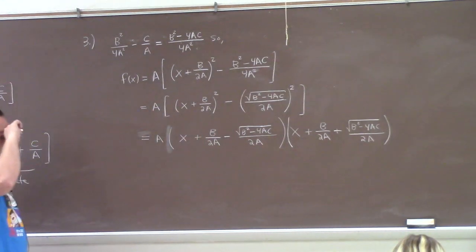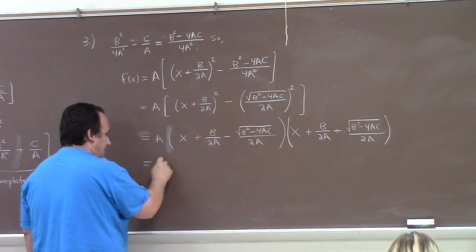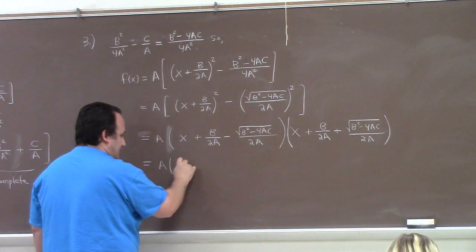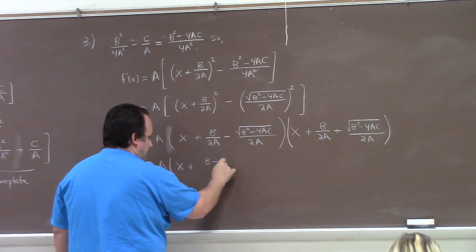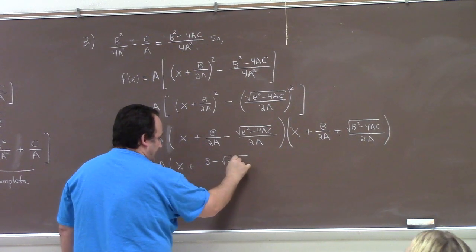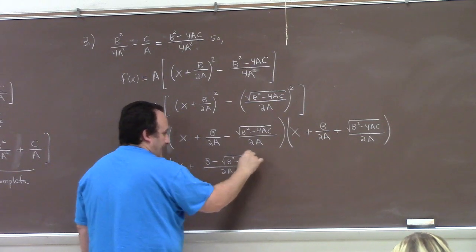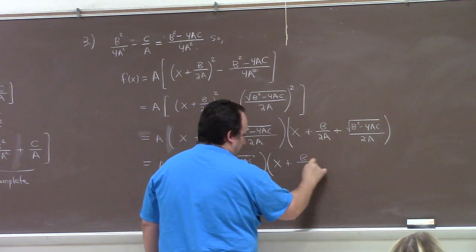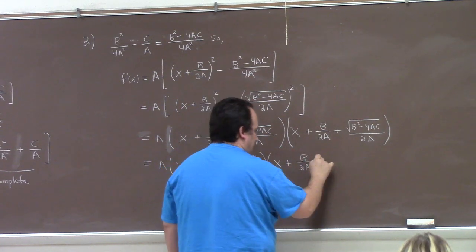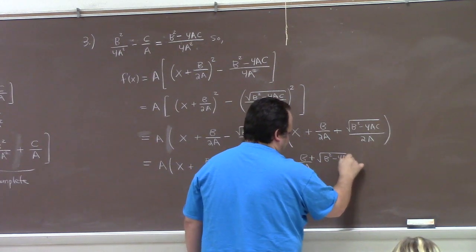Which you could rewrite a little bit more neatly: this is x plus b minus the square root of b squared minus 4ac over 2a, times x plus b over 2a plus the square root of b squared minus 4ac.